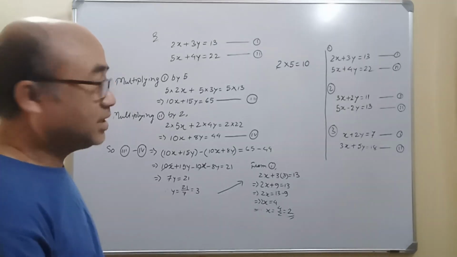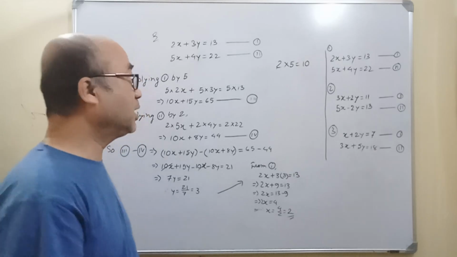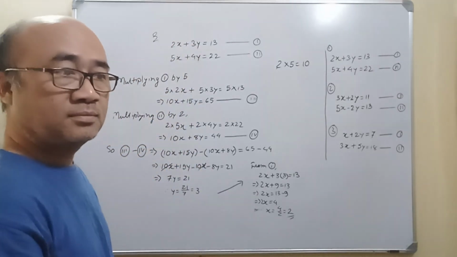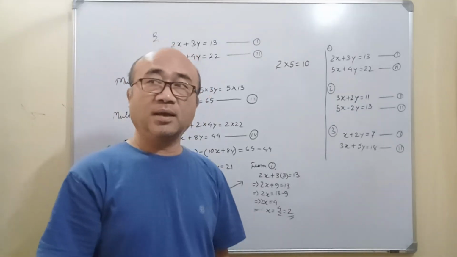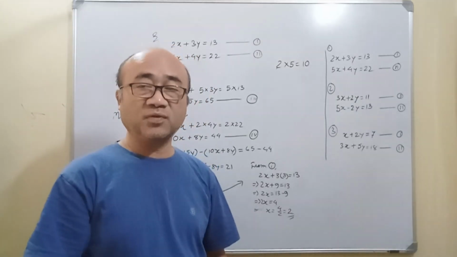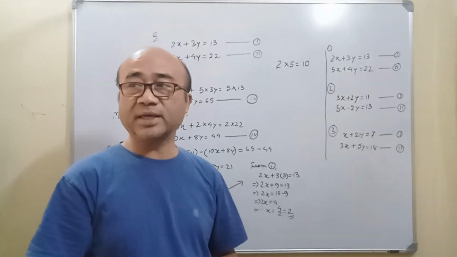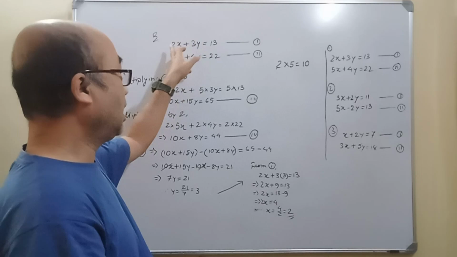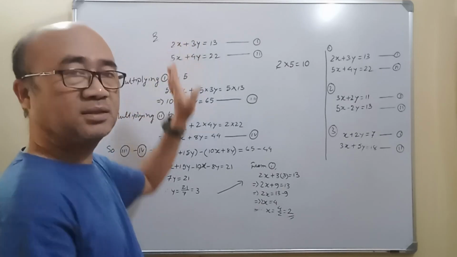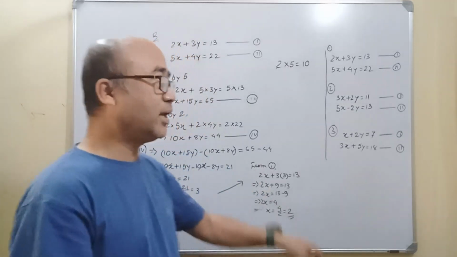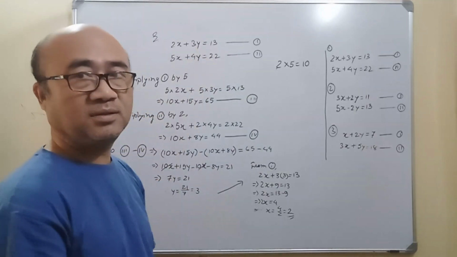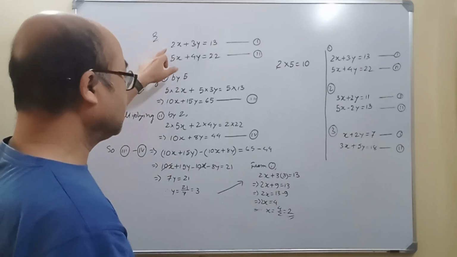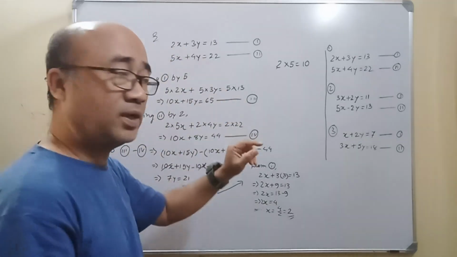Now you can ask why I have taken x and not y. Actually there is no hard and fast rule that you have to take x or you have to take y. I have taken x here just for convenience. You can take y also, it does not matter. The thing is to make the coefficients of one of the variables equal.